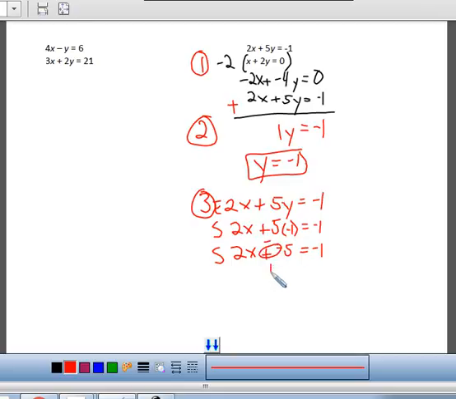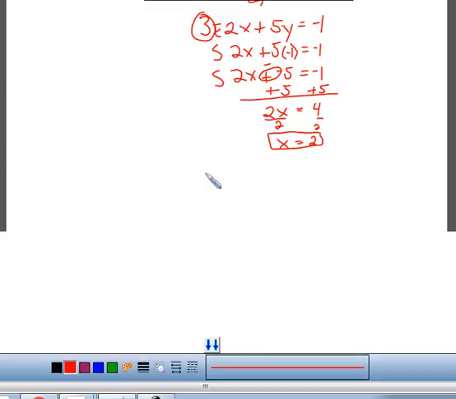So to get rid of that, I'm going to add 5 to both sides. So 2x is equal to 4, so divide by 2, and x is equal to 2. Alright, so far everything's working out nice.